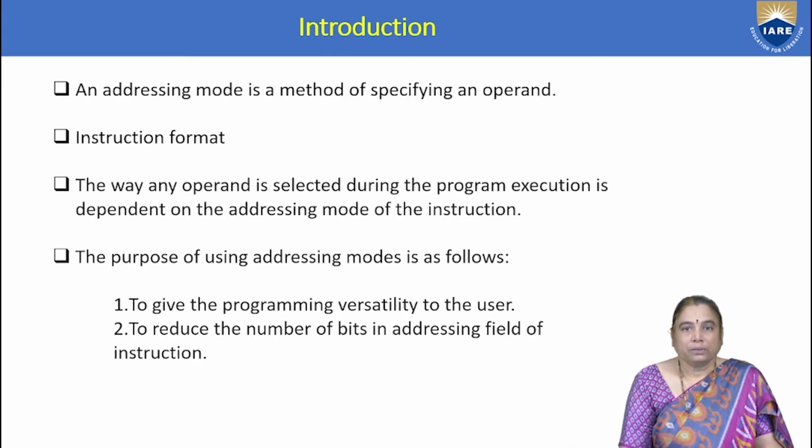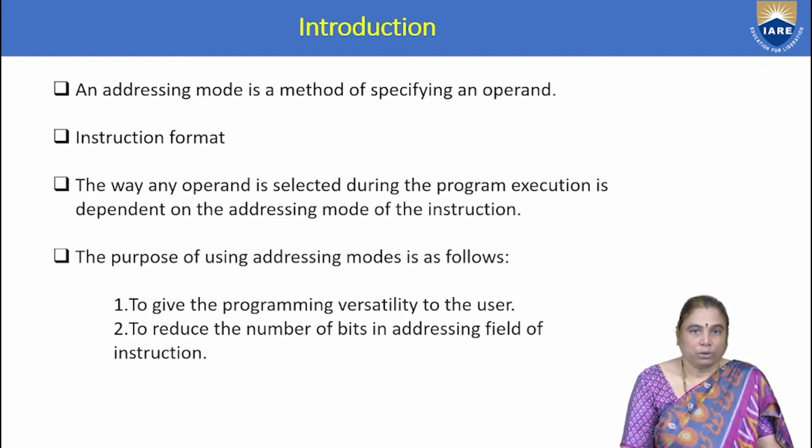The instruction consists of the opcode, which specifies what category of instruction it is: a memory reference instruction, a register reference instruction, or an IO instruction. Based on this, the data required for the functionality has to be provided with the help of CPU registers or memory locations. Where this operand is located is specified by using the addressing modes.